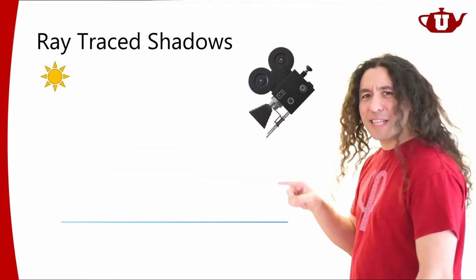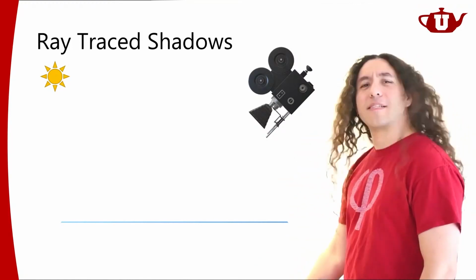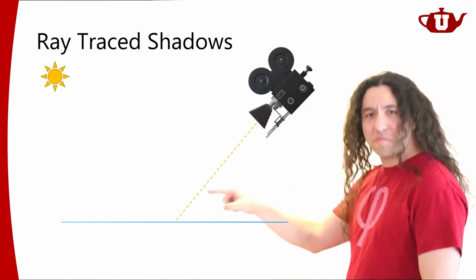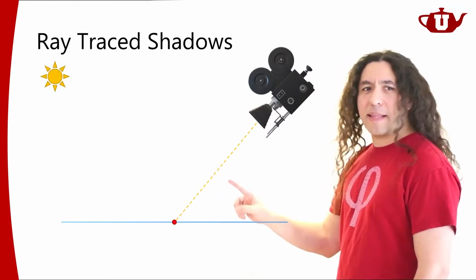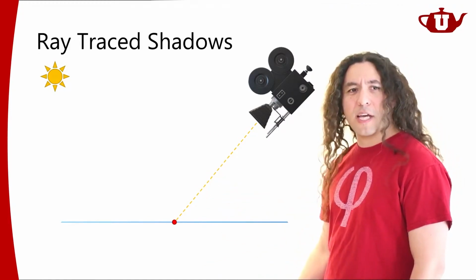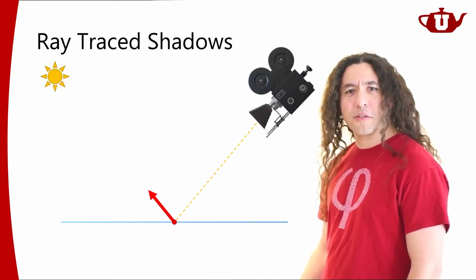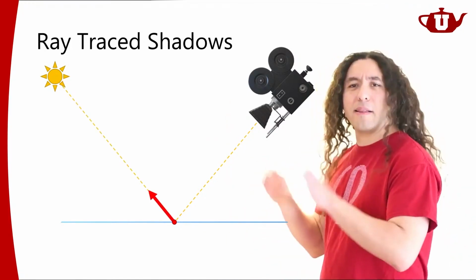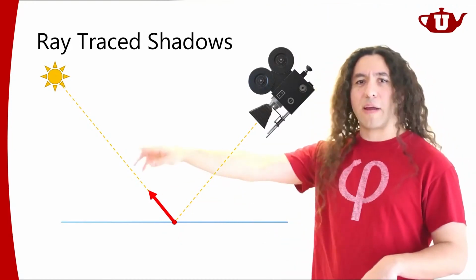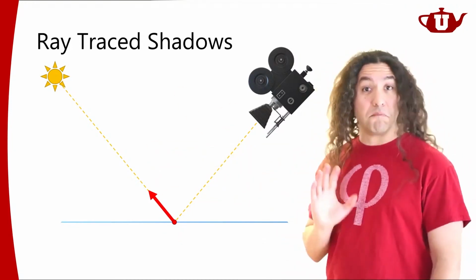All right, I'm going to show you the side view. So what happened here is that I traced my ray from my camera. I found this hit point, and then I decided to trace a shadow ray towards my light source, and I traced it all the way to the light, and then I'll decide whether or not this ray hit something and if I'm in shadow, right?